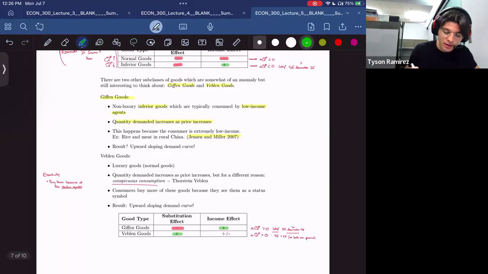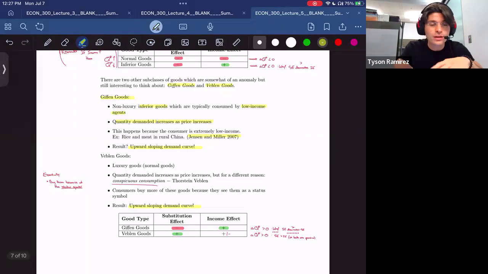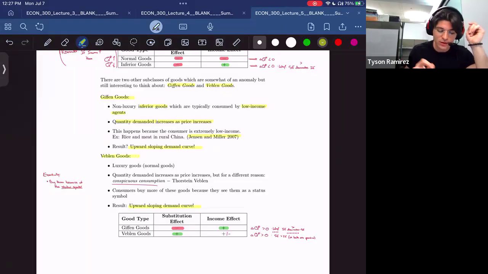And again, both of these things yield an upward sloping demand curve, something that's counter to the law of demand that we're used to. So interesting things to think about, but I should restate that these are kind of anomalies. For the most part, most goods are not going to be Giffen or Veblen.